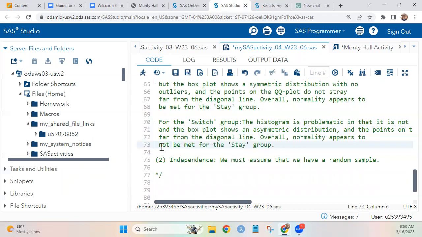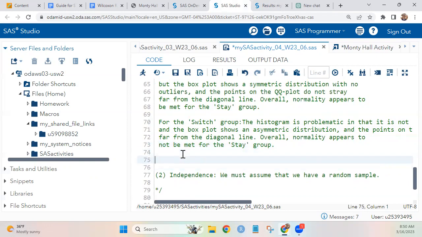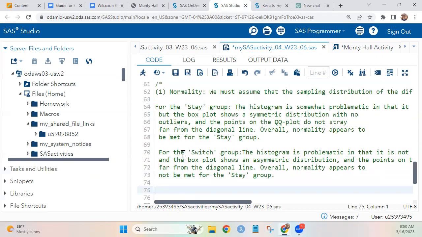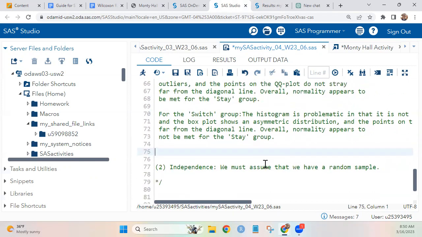Okay. So normality not met for the second group, but it looked great for the first group. So overall, what does that mean for our 2-sample t-test? It met for one group really well, not for the other group.